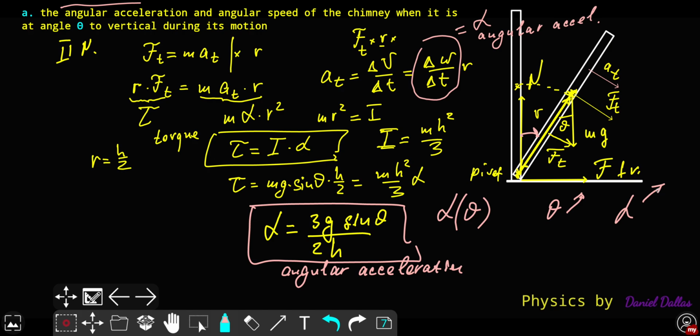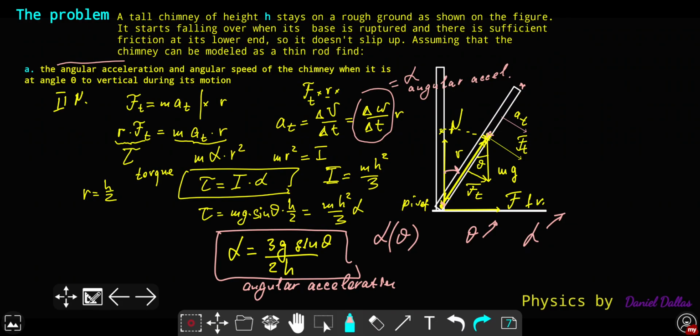The more angle, the more acceleration. That's fair. So alpha will have the same formula for any point, just like the angular speed or angular velocity. It will have the same value for the center of mass, for the top, and even for the bottom one. So solutions for questions B, C, and D you might find in the next video.